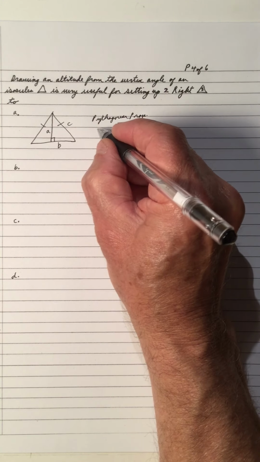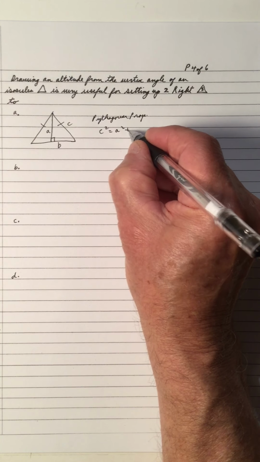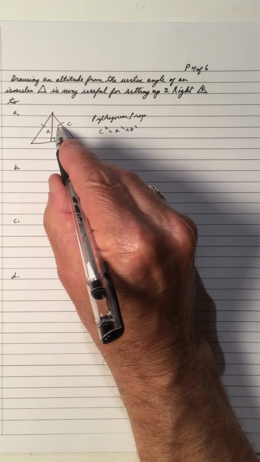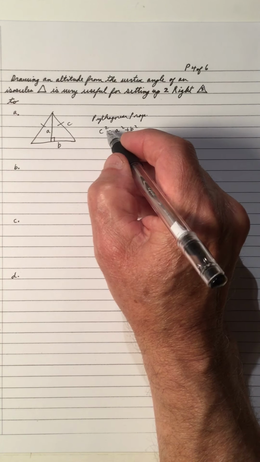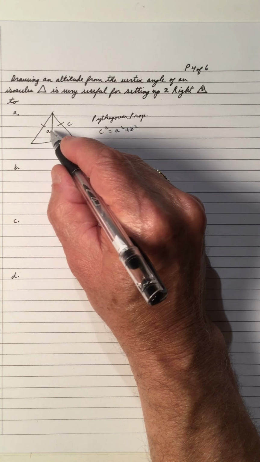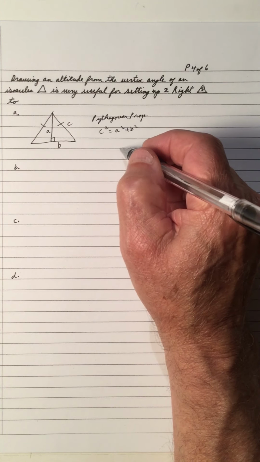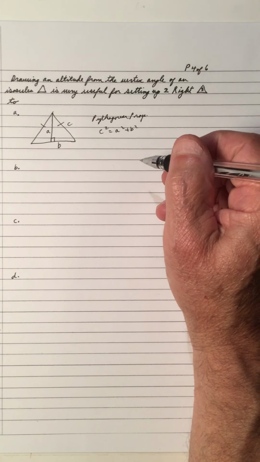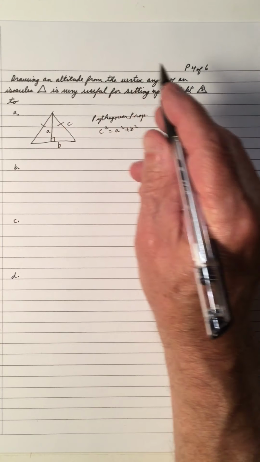And the Pythagorean property is C squared equals A squared plus B squared. In other words, this is the hypotenuse, these are the legs. So it's the hypotenuse squared is equal to the sum of the squares of the two legs. And that's very useful in finding different sides of this triangle.